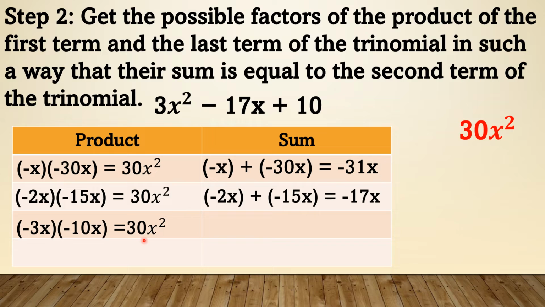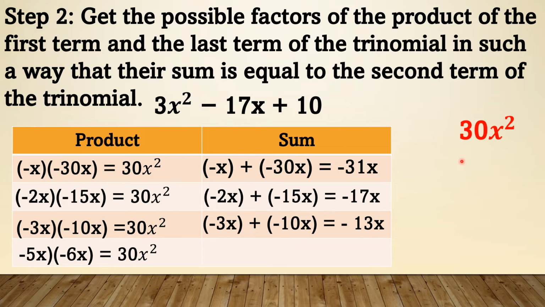And if we are going to get the sum of negative 3x and negative 10x, it will give us negative 13x. Another possible factors of 30x squared, we have negative 5x and negative 6x. If we are going to multiply, we have 30x squared.